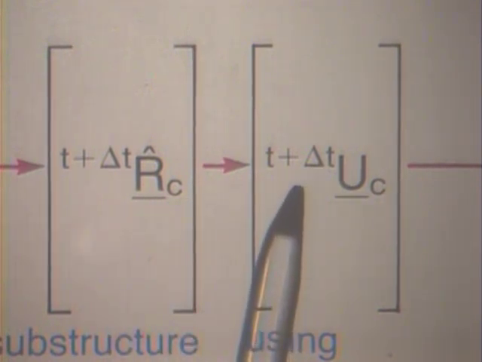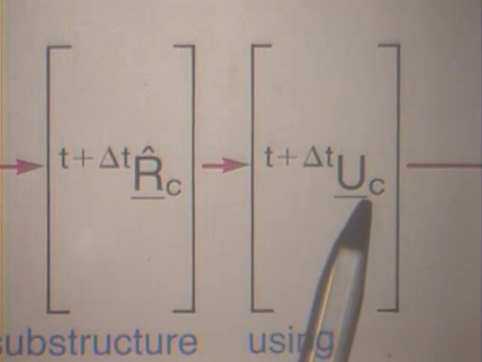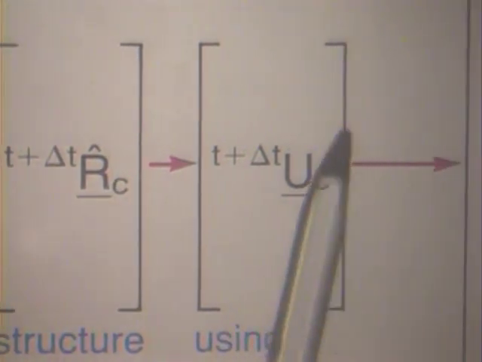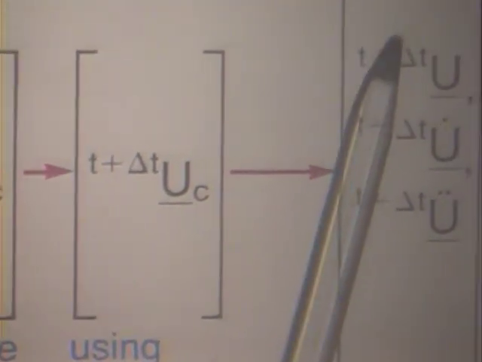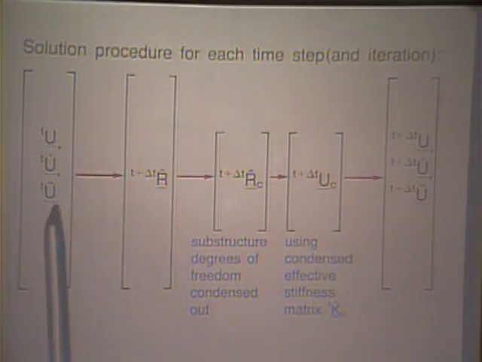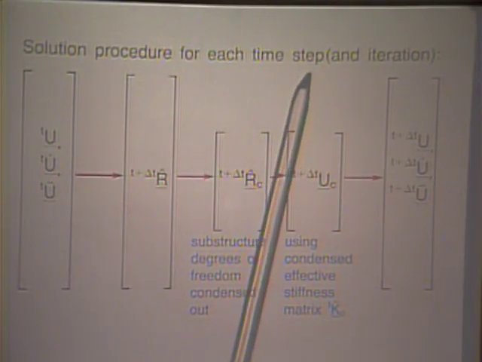We then, from this load vector, calculate with the effective tangent stiffness matrix the t plus delta t uc vector. And this vector is used to calculate the displacements, velocity, and accelerations of all the degrees of freedom at time t plus delta t. Of course, here I'm showing only the process for a typical time step.